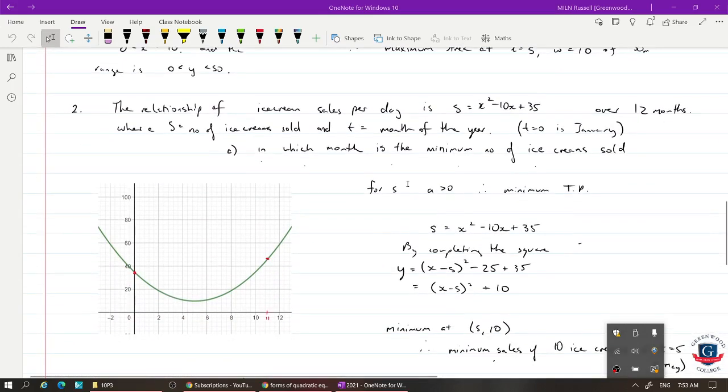Here's a second problem. This time we've got ice cream sales per day is sales equals x squared take 10x plus 35. Actually, that shouldn't be x, that should be t, so I will correct that. Take 10t plus 35.